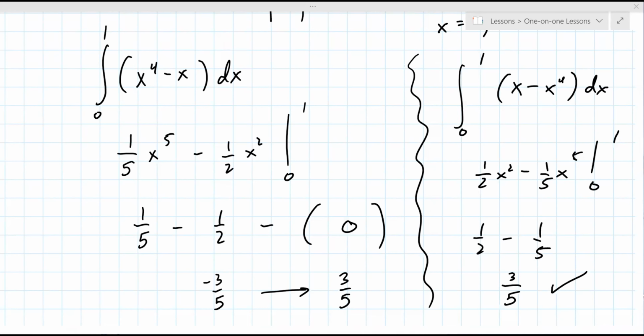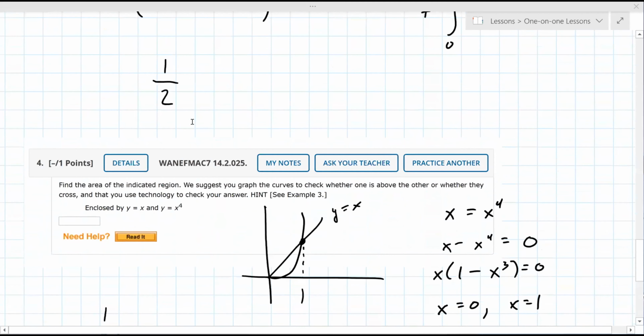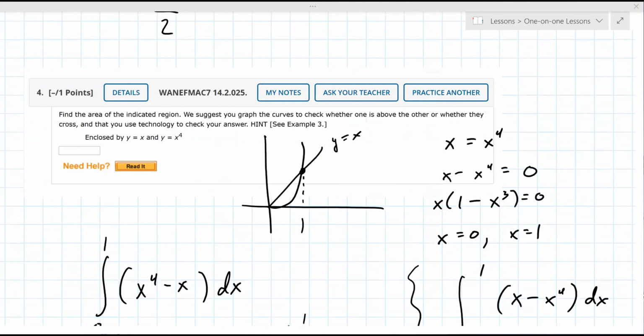Oh, it didn't like that. Did I not subtract these? It doesn't like 3/5.